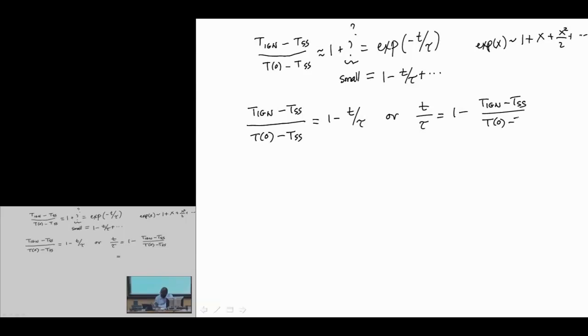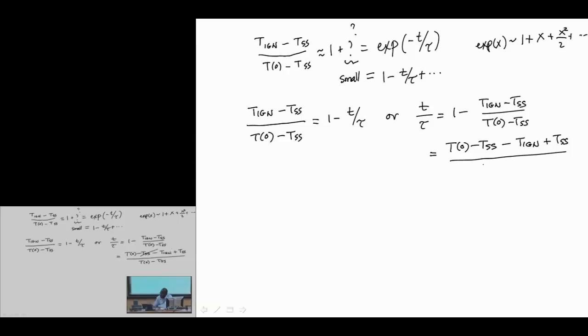All right, we're almost there. So this is (T0 minus T_steady state minus T_ignition plus T_steady state) over (T0 minus T_steady state).